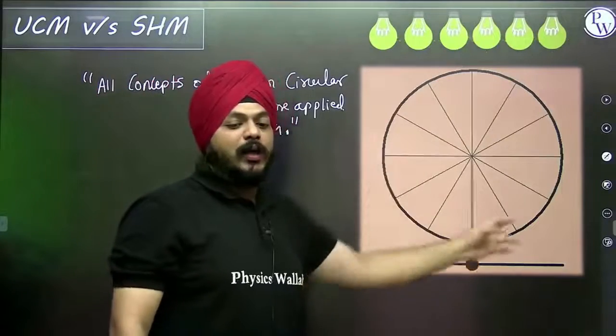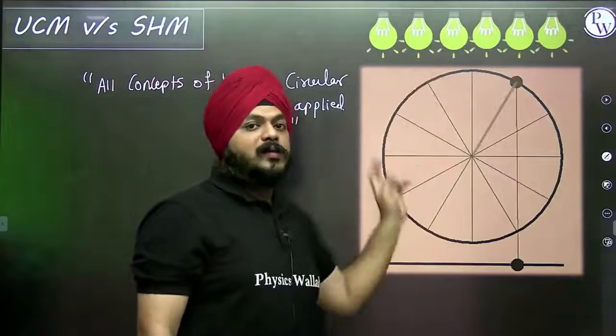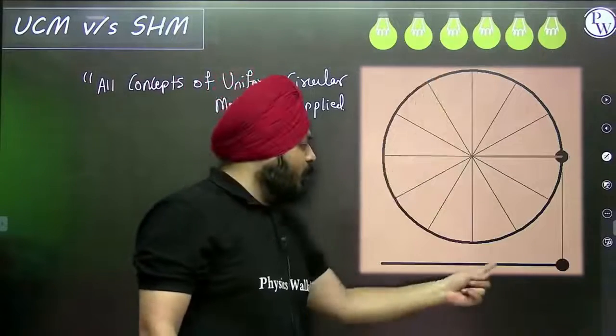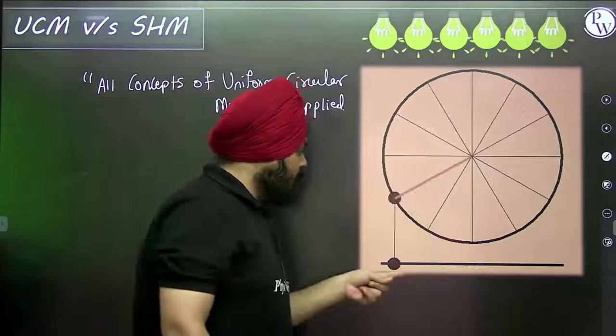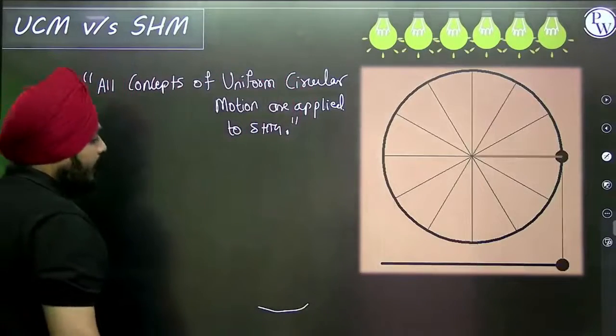The ball is attached to the rim and is moving with a constant angular velocity, but its shadow is SHM, right?